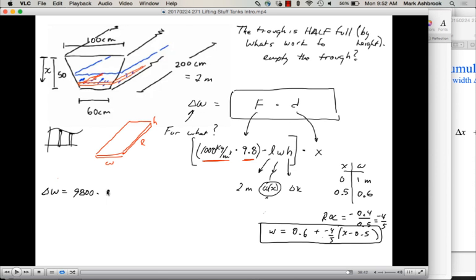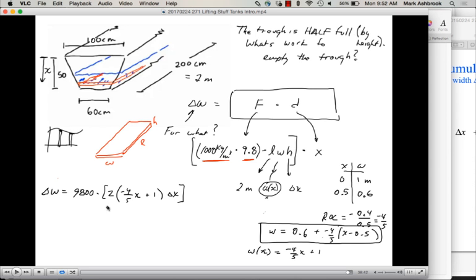Volume's going to be 2 times, I'm going to change this to negative 4/5 x plus 1. That's what that is when you simplify it. Length times width times height, delta x.